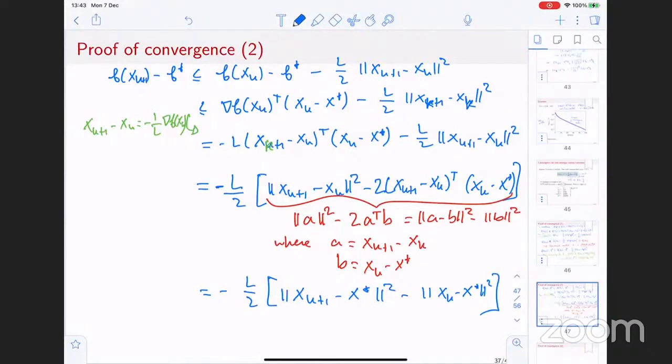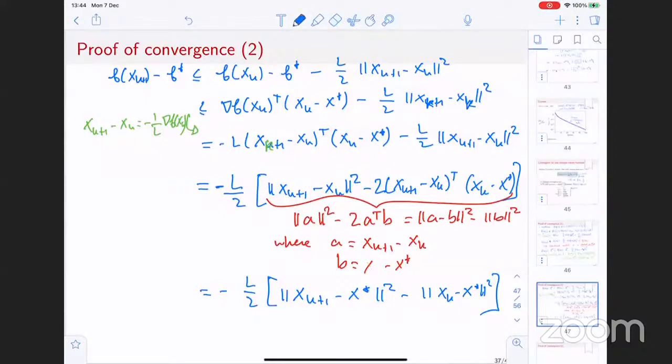Actually, I think I was correct. The sign was correct. Let's see. So this xk plus 1, b should be x star minus xk. Actually, I think I was correct. Sorry.